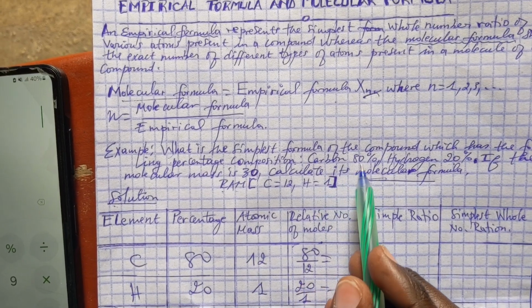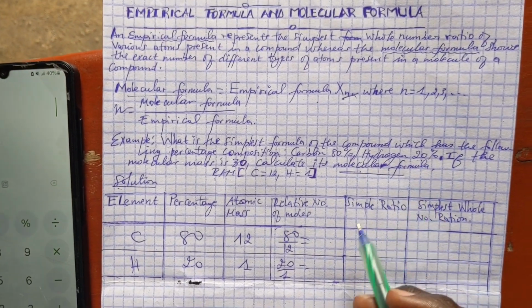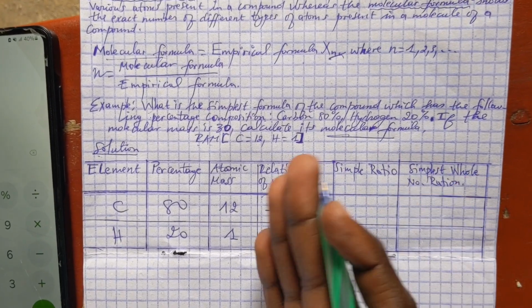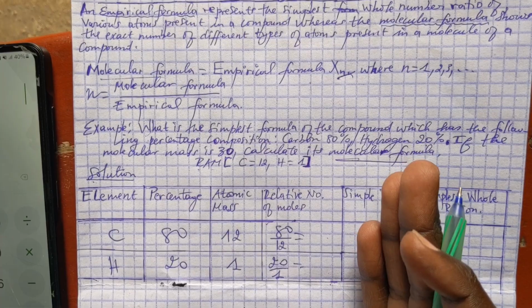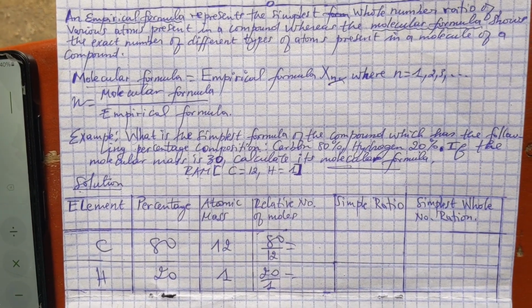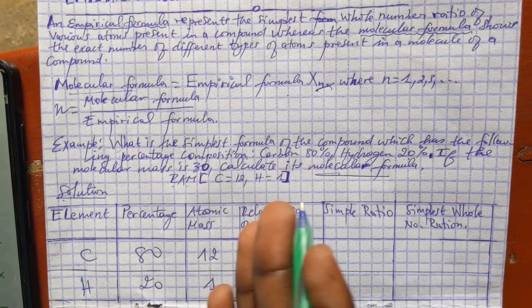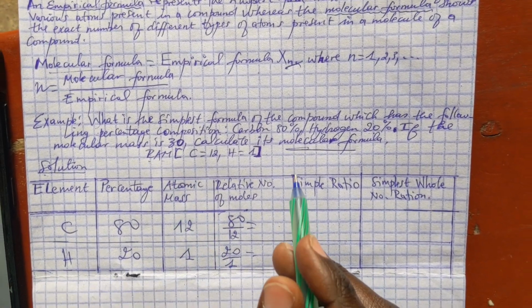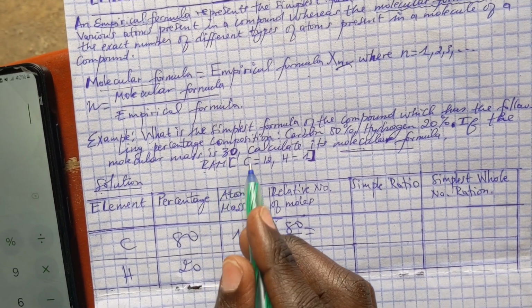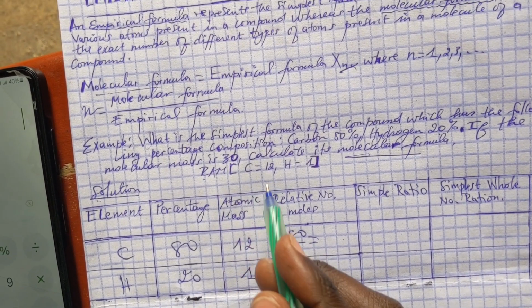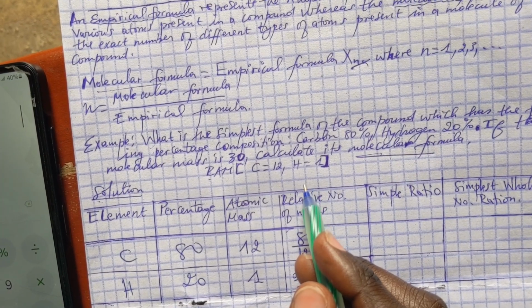Carbon is 80%, hydrogen is 20%, and if you combine 80% plus 20%, you get 100%. If the molecular mass of the compound is 30, calculate its molecular formula. The relative atomic mass of carbon is 12. The relative atomic mass of hydrogen is 1.